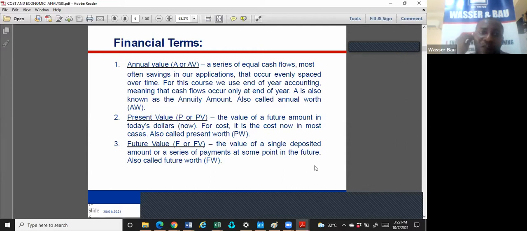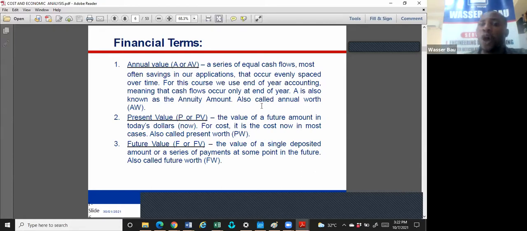So when we say annual value of a project or annual worth of an investment, what are we referring to? We are talking about a series of cash flows, most often savings in our application, that occur evenly spaced over time. For this course, we will use end of the year accounting, meaning that cash flow occurs at the end of the year.